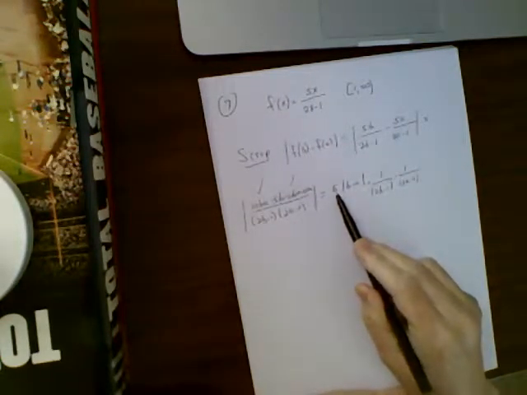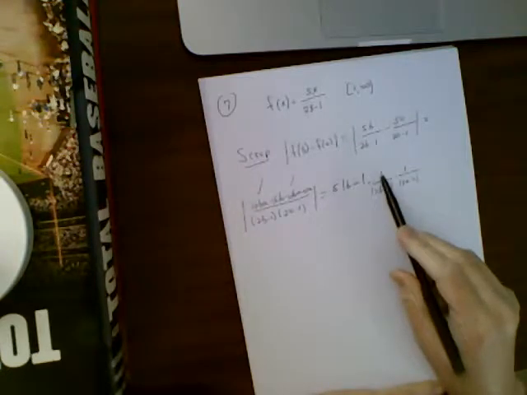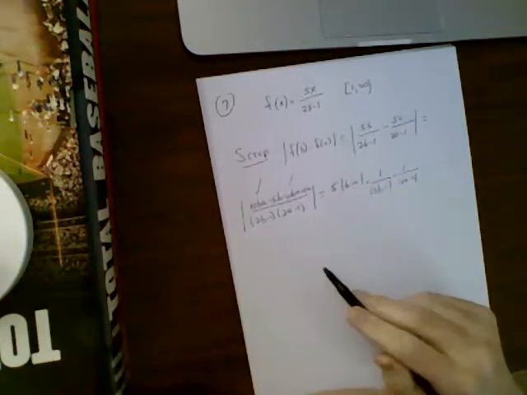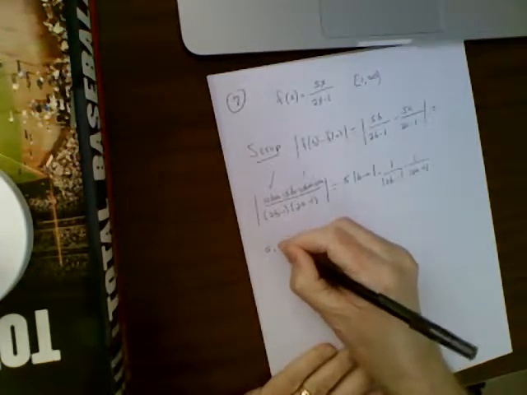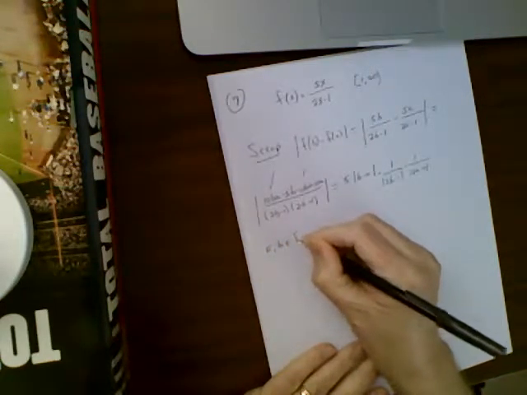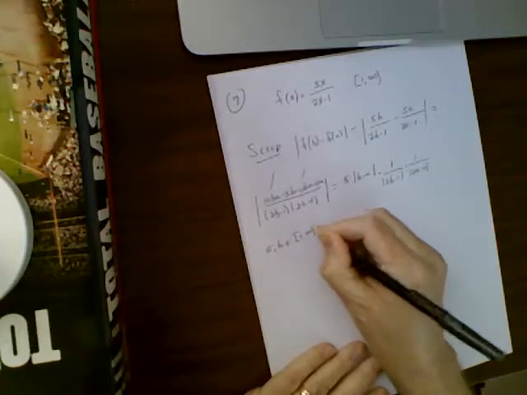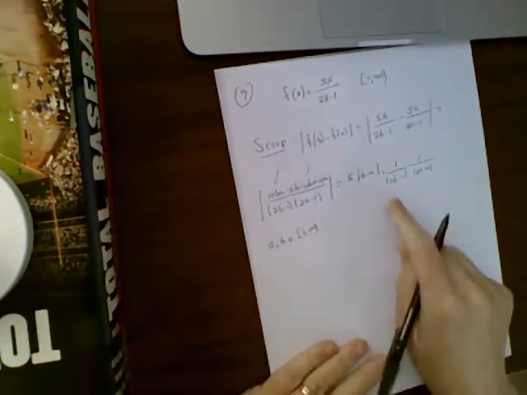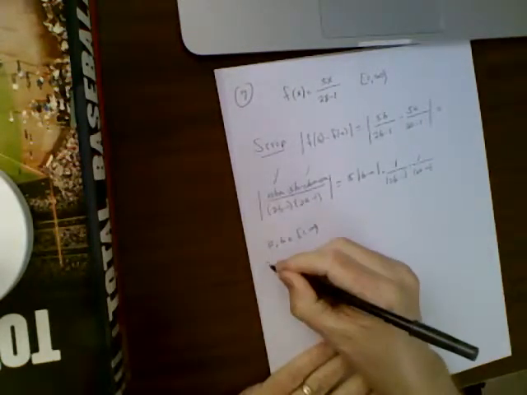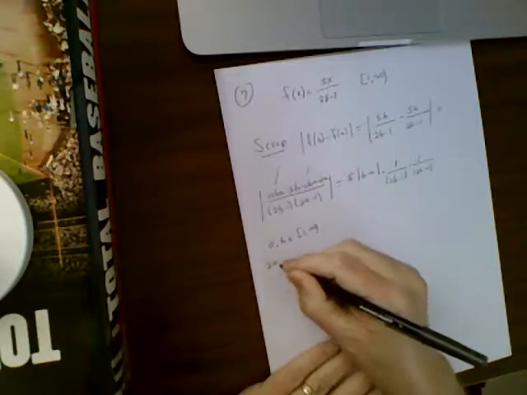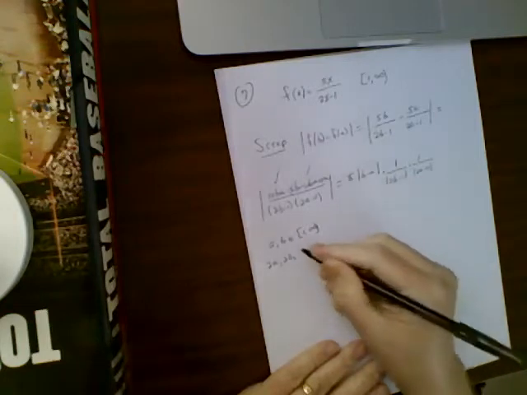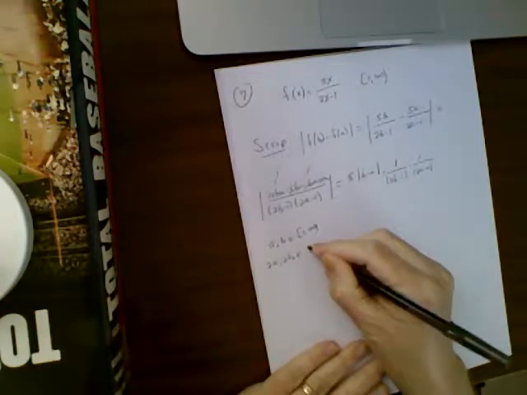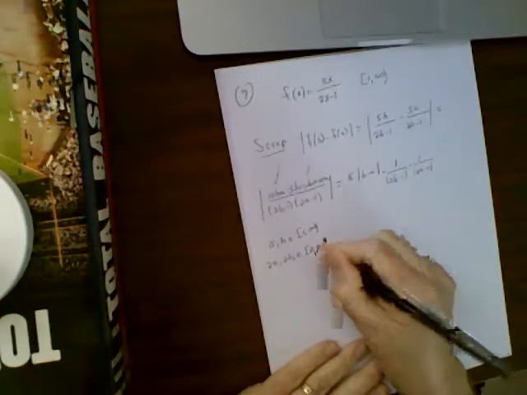That's just a constant. If we can bound this and bound that, we'll be in great shape. Well, here's what we know. a and b are in the interval from 1 out to plus infinity. That means 2a and 2b, trying to see what these things look like, are in the interval from 2 to infinity.